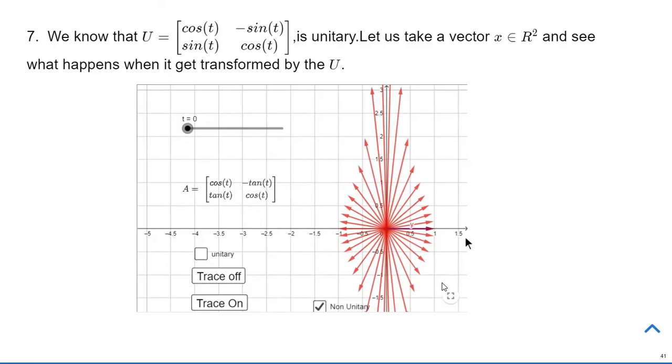So the matrix with cos t, minus tan t, cos t is not unitary in general, but for the previous case, where we have cos t, minus sin t and cos t, it is unitary in general for all values of t. And you see for a non-unitary matrix transformation, the length of the vector is not preserved when it gets transformed.